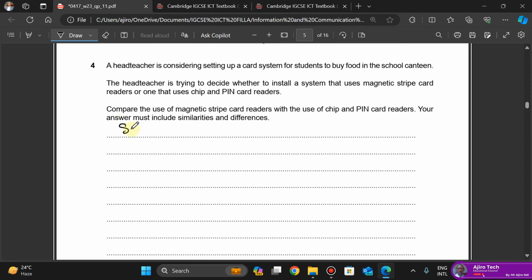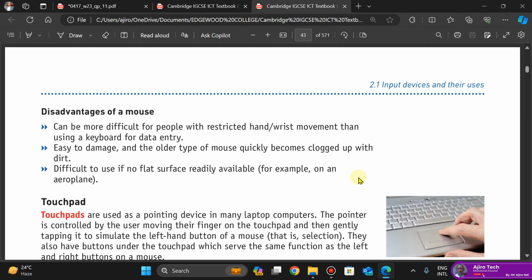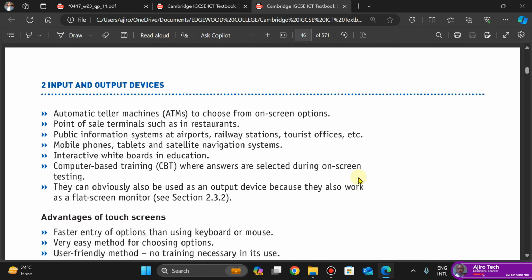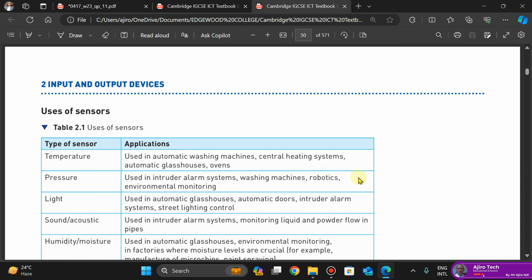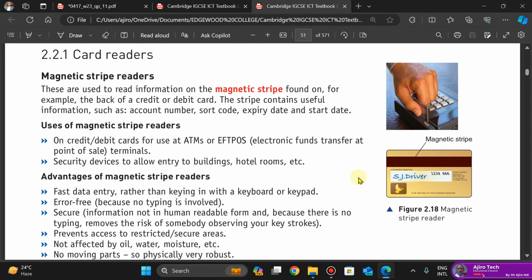So let's look at the similarities. This question is coming from chapter 2. Let me show you. Here, under card readers, we have the magnetic stripe.